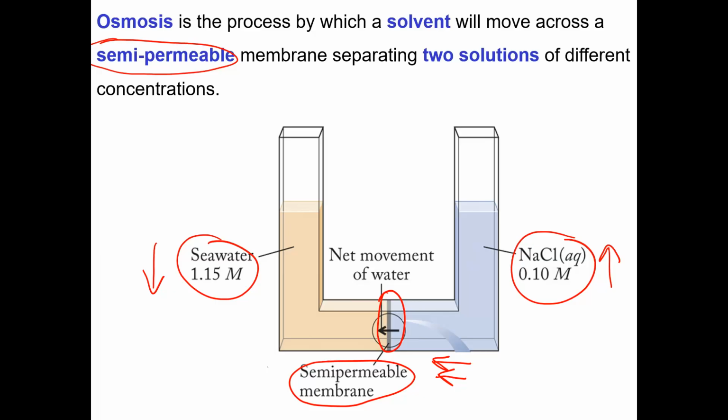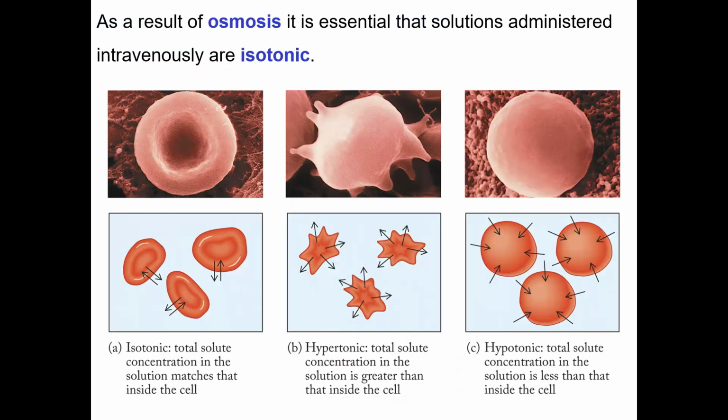The solvent will continue to move until the two concentrations are equal. Now, this has some interesting consequences. It is because of osmosis that it's essential that when we administer a solution intravenously, the solution is isotonic with respect to the concentration of the contents of our cells.